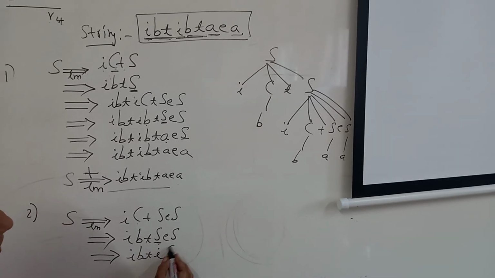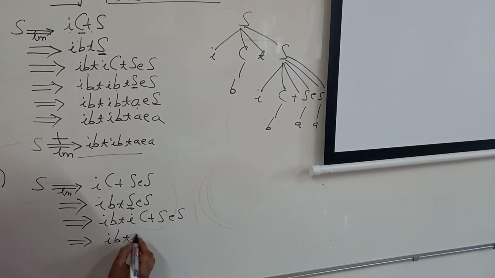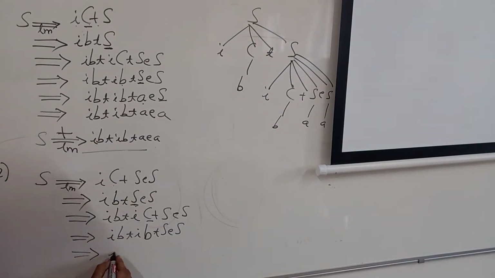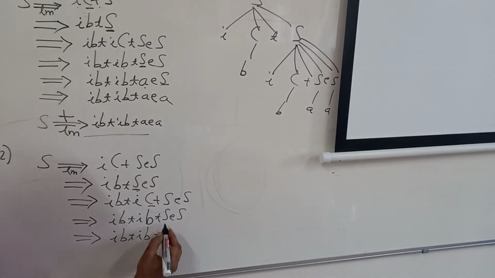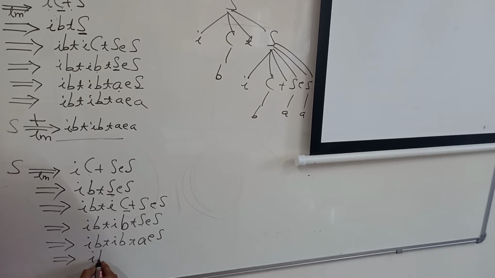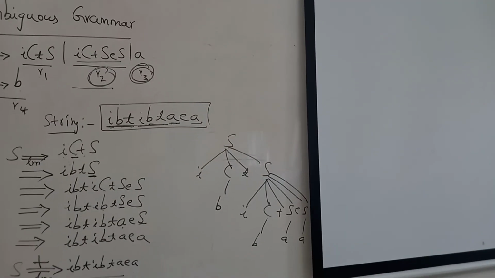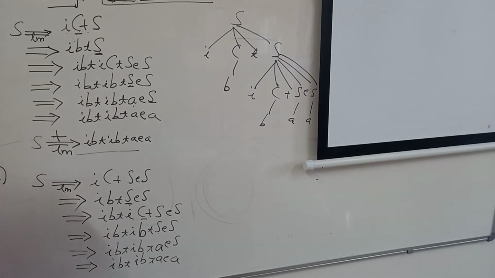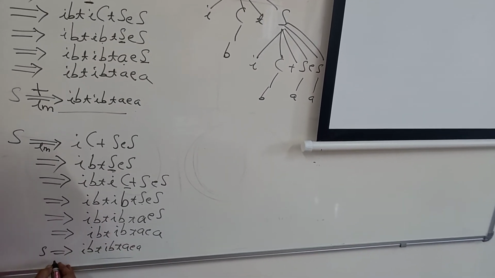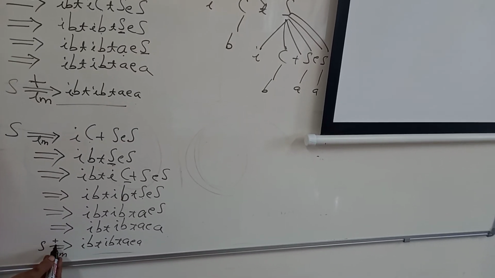Rule 1 is iCtS, and the rest is retained as it is. The C I replace with b, giving ibtibtSeS. Next, this S with a by applying rule 3, and this S with rule 3 as well. Now finally I got the string ibtibtaea, by applying the leftmost derivation. The plus means one or more productions.